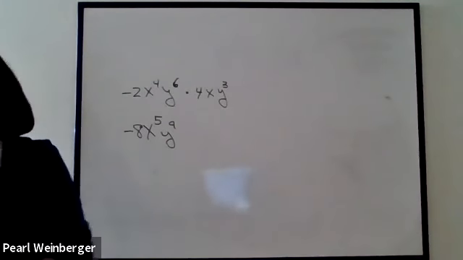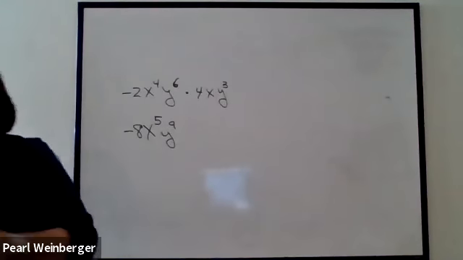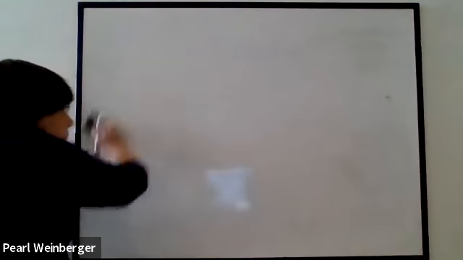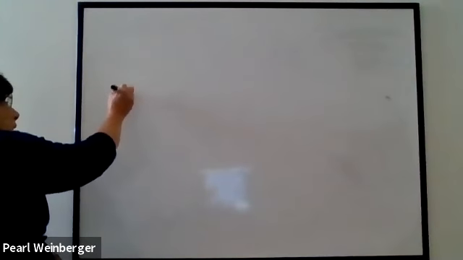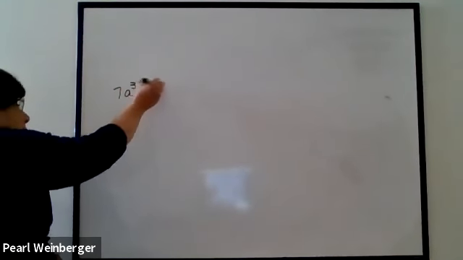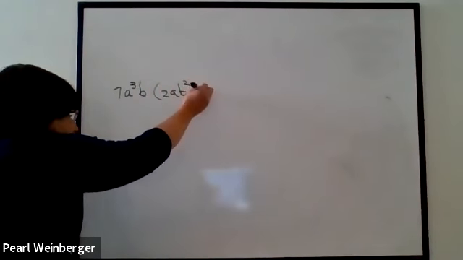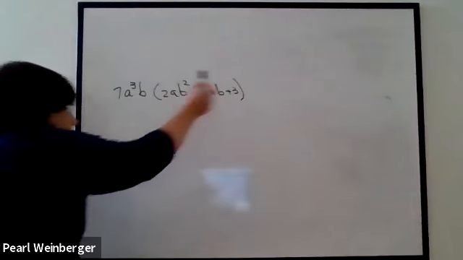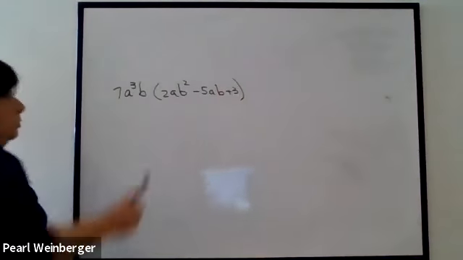Suppose I have 7a³b times (2ab² - 5ab + 3). In other words, I'm multiplying a monomial, a single term, by a trinomial.